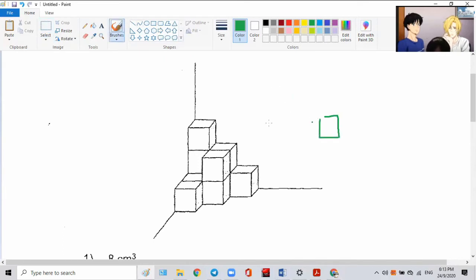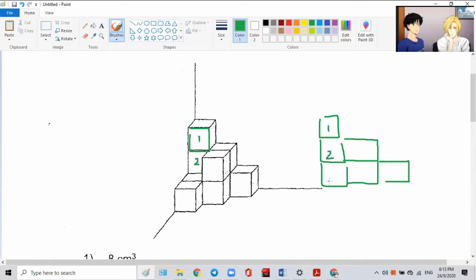So behind the green one, imagine this is the green one. If I remove everything in front, behind will be 1, 2, 3, and 1, 2, and one more behind. You see? This is like the 1, 2, 1, 2. The 3 is hidden already.